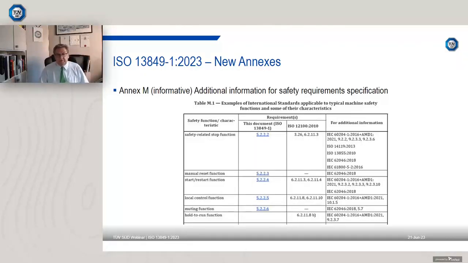So pointing to those are the standards, most of them type B standards, but it is just a pointer. It doesn't actually in Annex M describe any additional measures in itself, it just points to other sources of information.